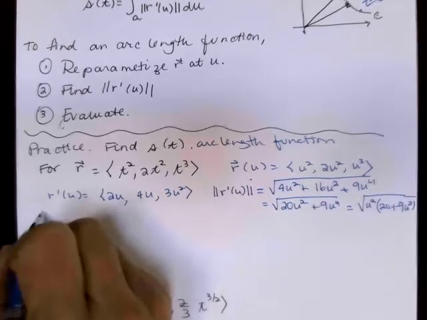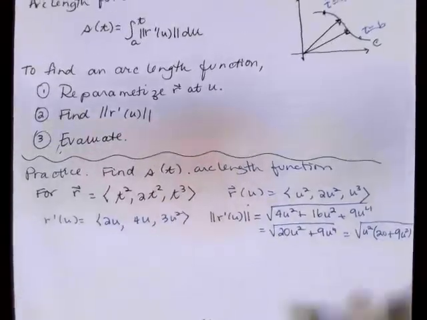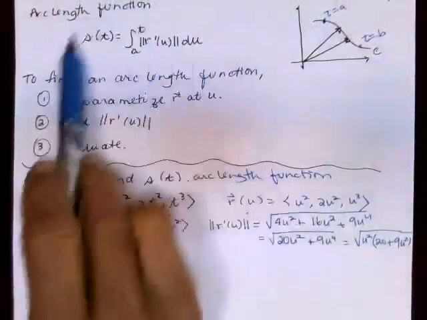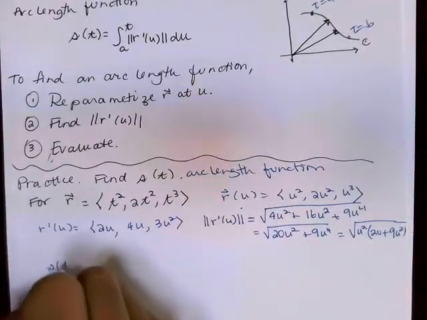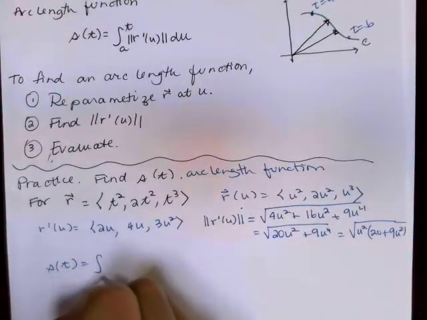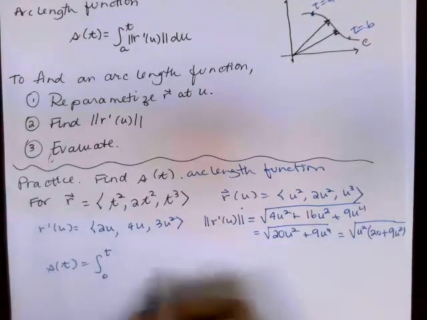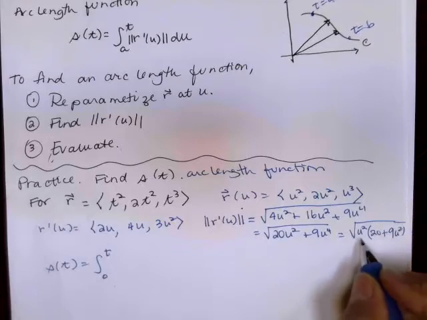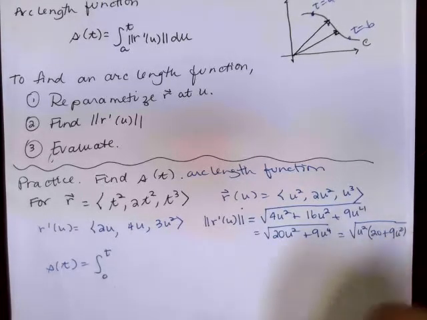Okay, so here we go. Now we're going to go ahead and evaluate, and the thing we're evaluating is our fundamental theorem of calculus vector version up here. So that S of t that I want, I'm evaluating from 0 to t, this derivative. So now I have the square root, and here's the product. That square root of u squared can come out.